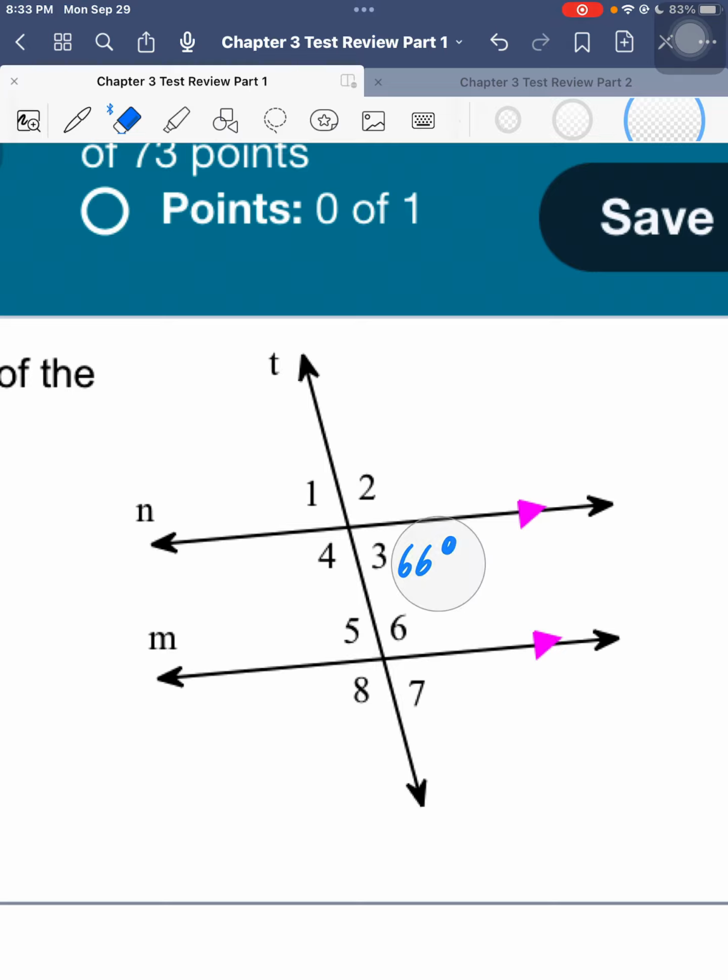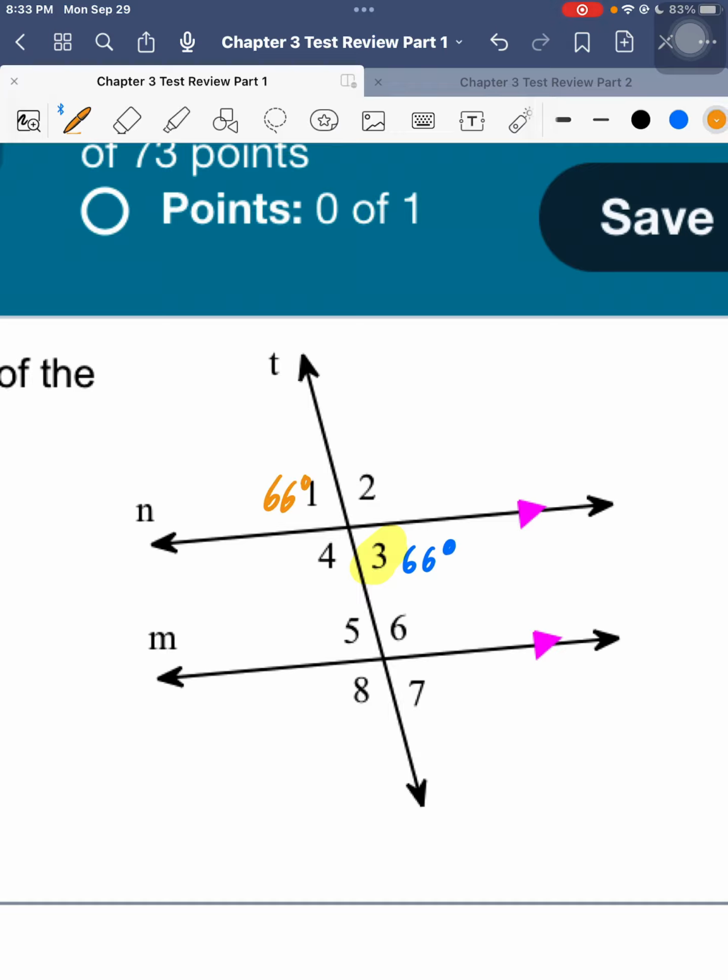So 3 is 66. So let's write that here. The measure of angle 3 is 66. So if angle 3 is 66, then what else is 66? Well, the measure of angle 1 is 66 because of the measure of angle 3 and the vertical angles theorem, because I know vertical angles are congruent.